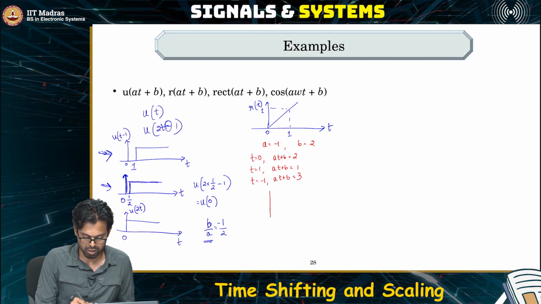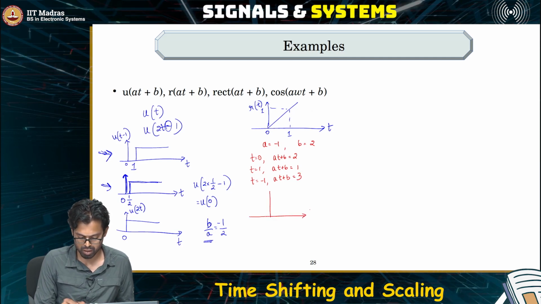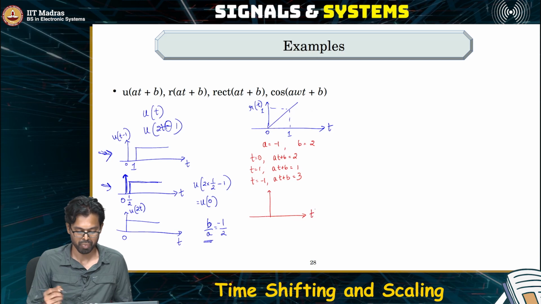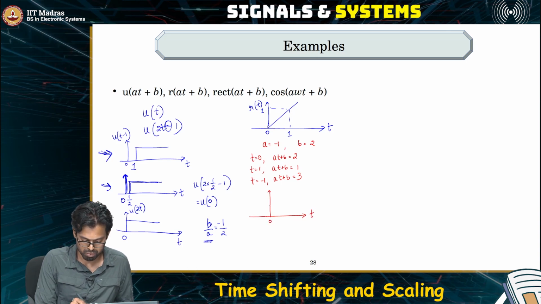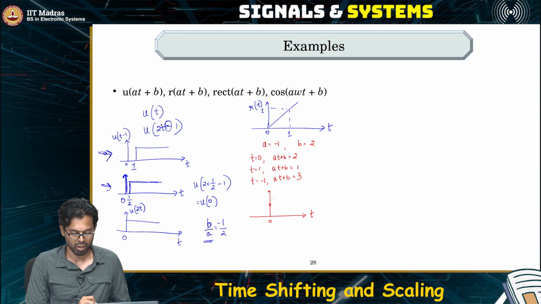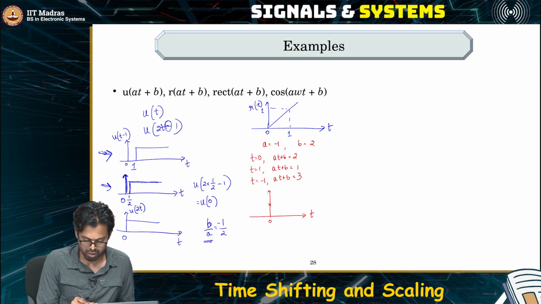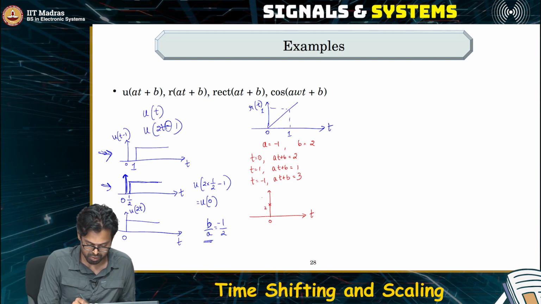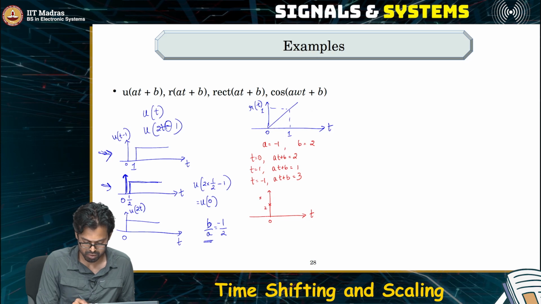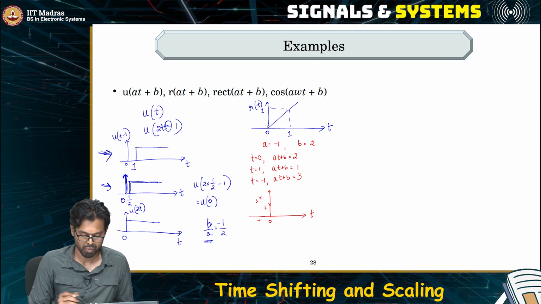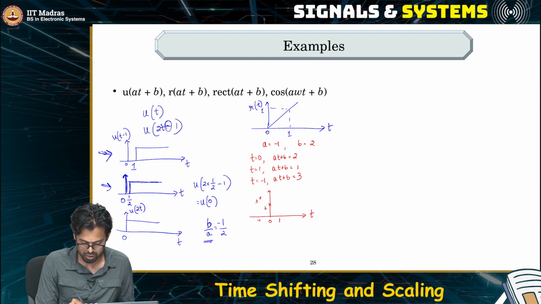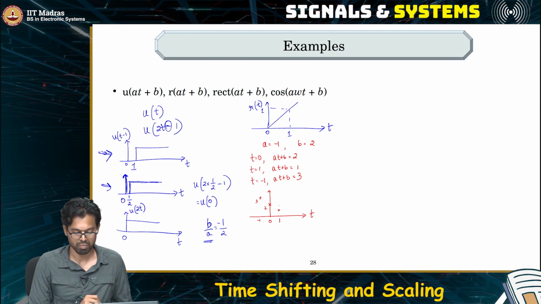So if you plot this, what do you get? At t equal to 0, we have 2. At t equal to -1, we have 3. At t equal to 1, we have 1.